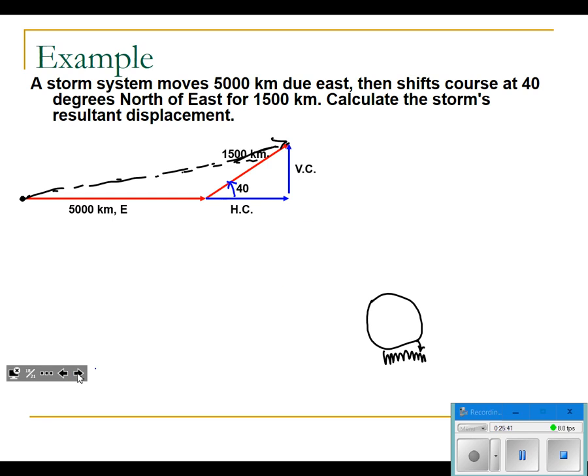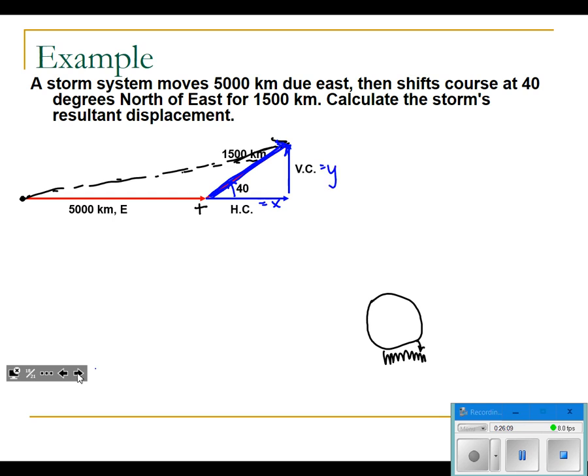Now, if I do the 5,000 plus my horizontal component, I will have a new x component and I will have a y component. And I can use this little bitty triangle that has the 1,500 kilometers as the hypotenuse and my angle of 40 to find my x and y components over here.